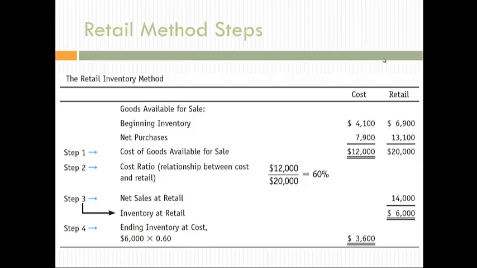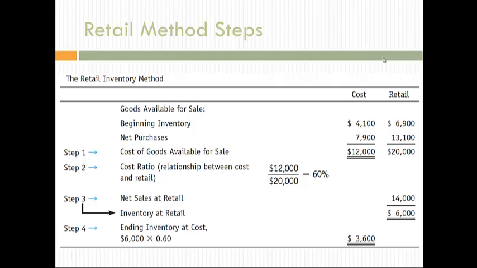Now let's follow the steps. Step 1 is to calculate goods available for sale at both cost and retail. Goods available for sale is beginning inventory plus purchases, which is given in the example. If we add those together, we get goods available for sale valued at $12,000 at cost and $20,000 at retail.